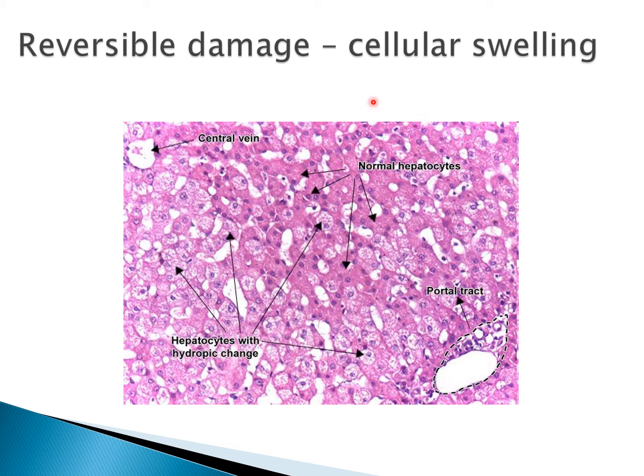The main finding is cellular swelling. In these hepatocytes, the whitish color in the cytoplasm is increased. This corresponds to appearance of water inside the cytoplasm. Why does cell swelling occur? Because of the inability of the membrane pumps to function.